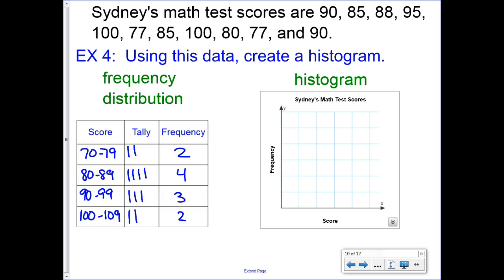I'm going to do what's called a break in the graph because I don't want to have to do the 0 to 10 or 0 to 9, 10 to 19, 20 to 29, and so on. So I'm just going to start at 70 here, and then 80 would go here, 90 would go here, and 100 would go here. So from 70 to 79, I would be at a height of 2.